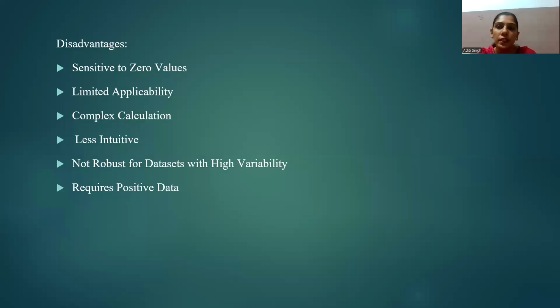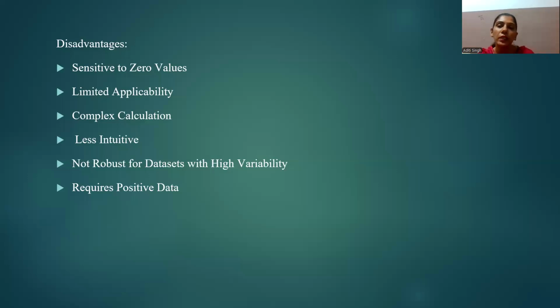First one is sensitive to zero value. So harmonic mean cannot be used in a data set which contains zero value, as this makes the calculation undefined and improper. Like we have discussed in geometric mean also, geometric mean cannot be applied on a data set in which a value is zero.